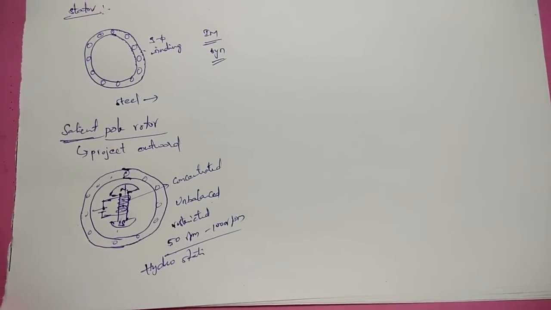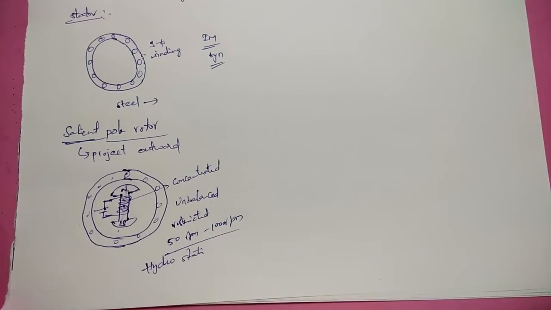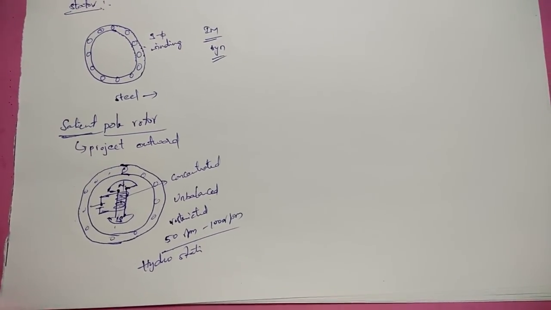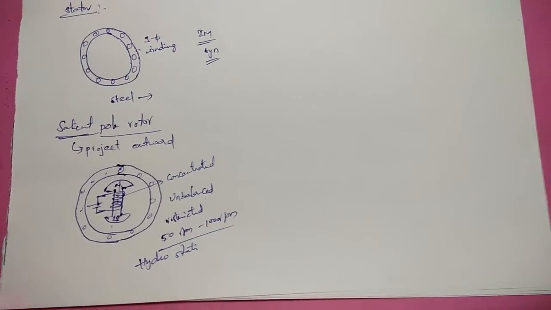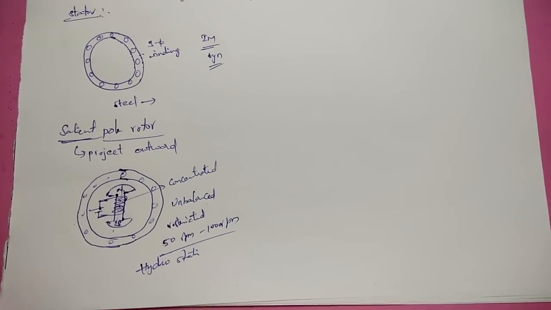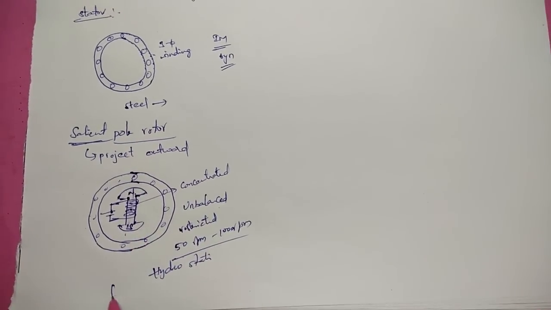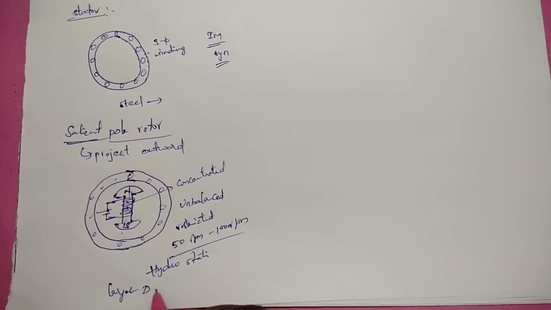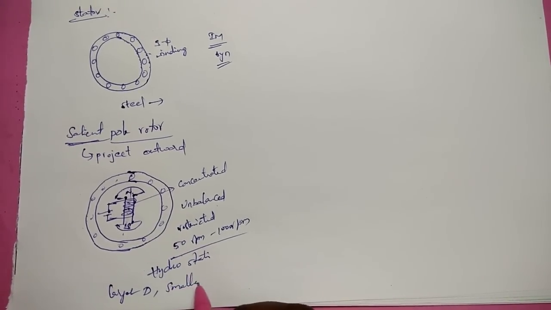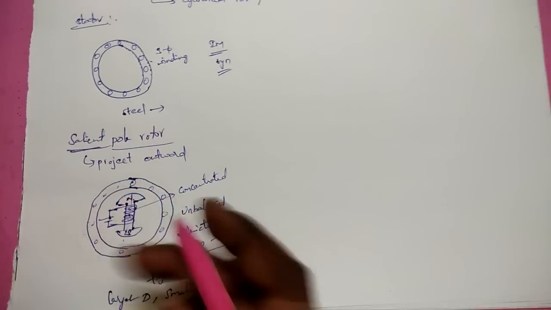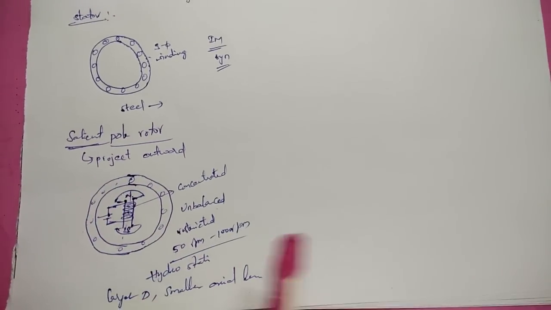These alternators are also called hydro alternators, since they are used in hydroelectric stations. They have a larger diameter and smaller axial length. This is about the salient pole rotor.